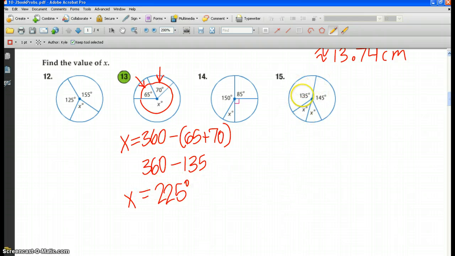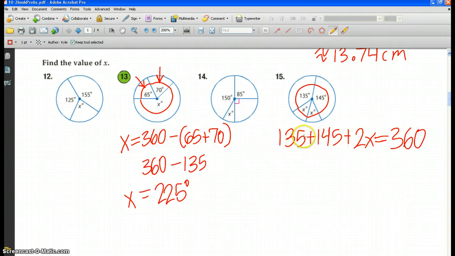Number 15. Once again, the entire revolution is 360, so we can set up an equation where 135 plus 145 plus x plus x all the way around is equal to 360. Now, x plus x we can just write as 2x.